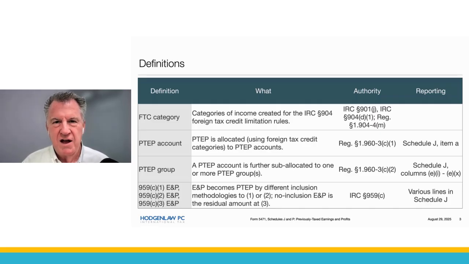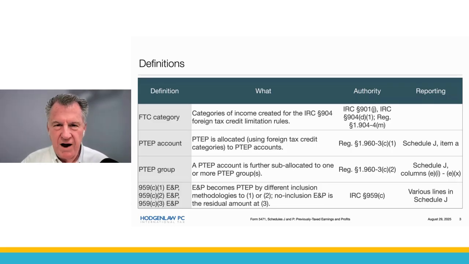You have to slice and dice that in two levels. First, into what the code calls a PTEP account, and they do use the initials. And so what you do is you slice and dice your earnings and profits by foreign tax credit category.